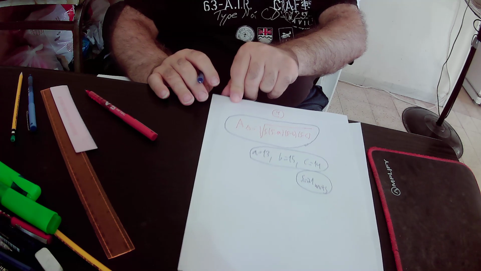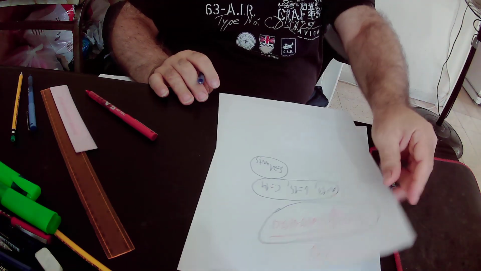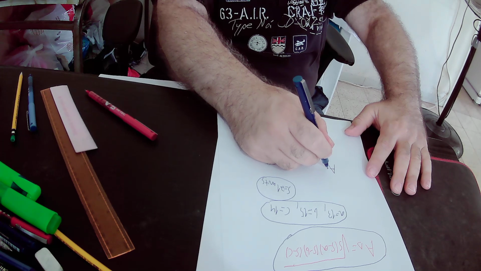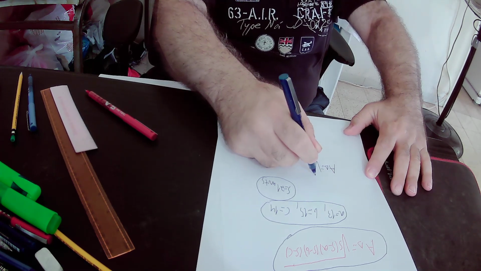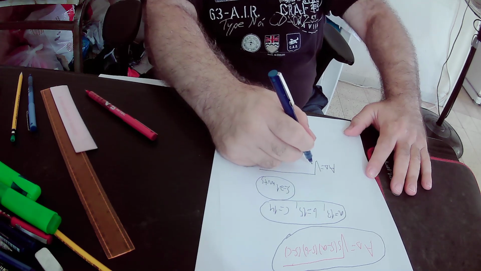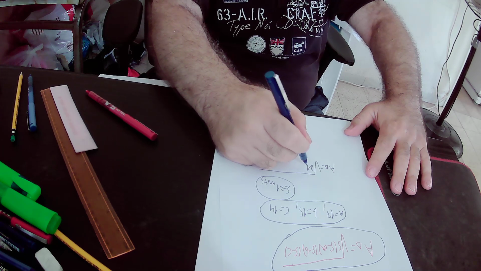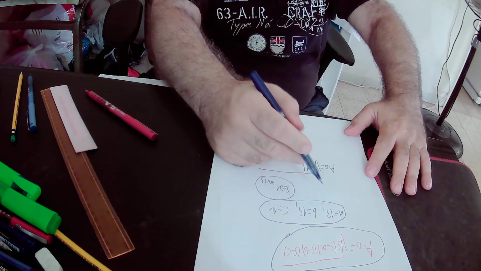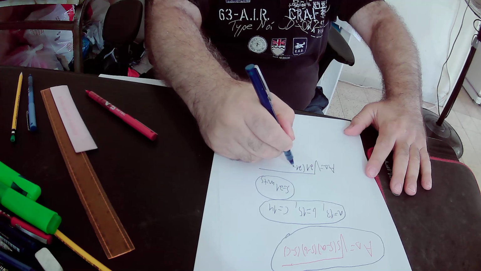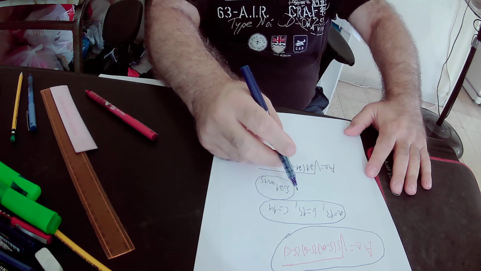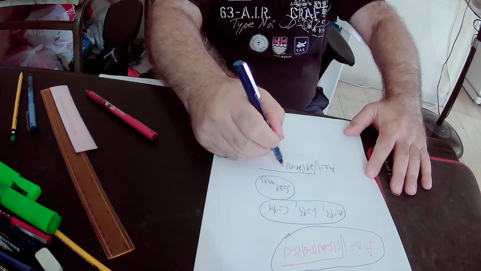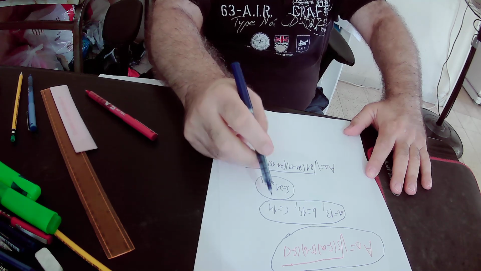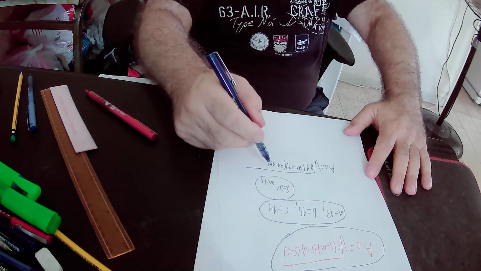So we will do it now, and we will get that the area of triangle ABC, our triangle, will be equal to the root of S, which is 21 units, times S minus A, which is 21 minus 13, times S minus B, which is 21 minus 15, times S minus C, which is 21 minus 14.